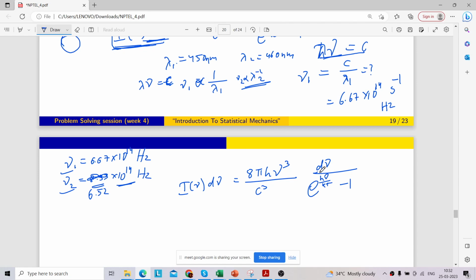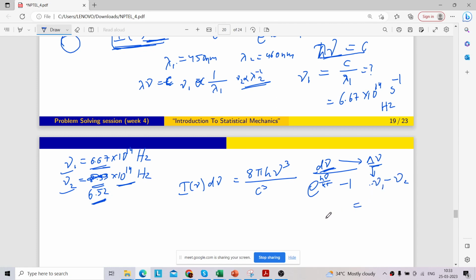This d nu I can write as delta nu, which will be the difference in these frequencies. The first one is more, the second one is less, so I have to take the difference, nu 1 minus nu 2.